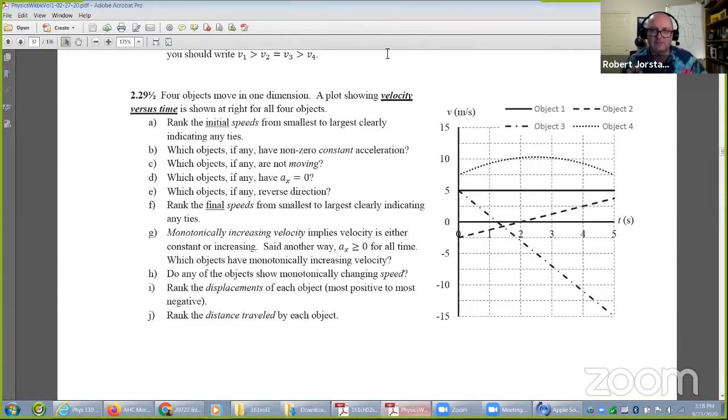And just to make it pop a little bit, maybe what I'll do is go to here and line that one out, so you can really see that straight line standing out. It's a little hard to see. So object 1 is that light purple line, and the rest have dotted lines that you can kind of see. All right, so in this case, let's see how you do.